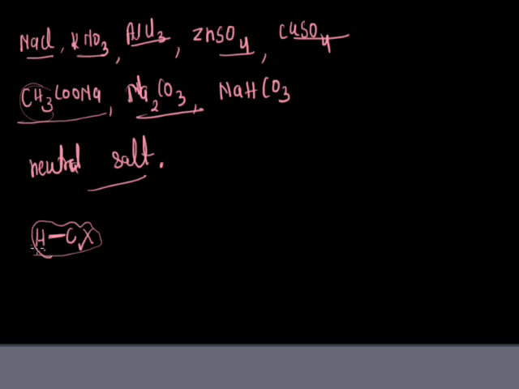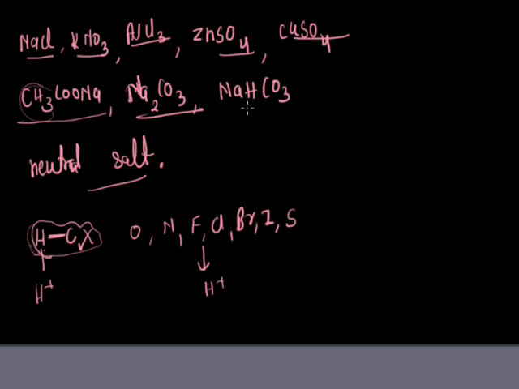So in that case, that H is not released in the H plus form. And if this H is bonded with oxygen, nitrogen or halogens like fluorine, chlorine, bromine, iodine or sulfur, then it will be released and gives H plus.